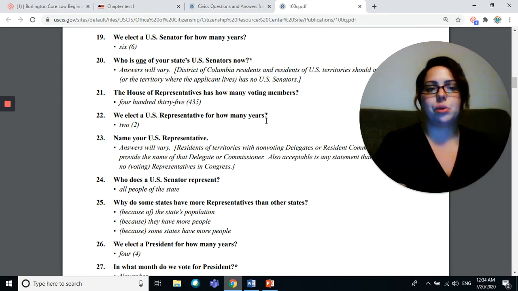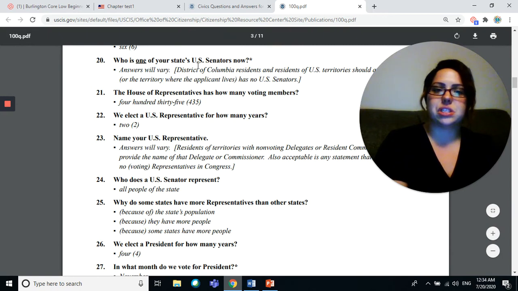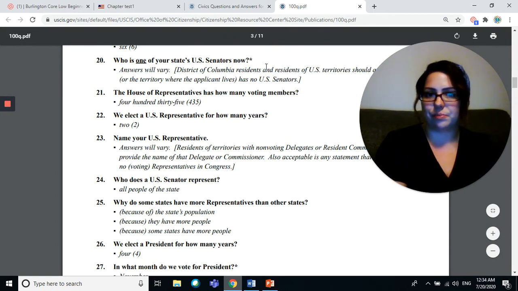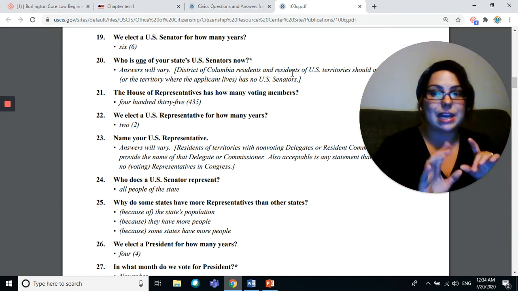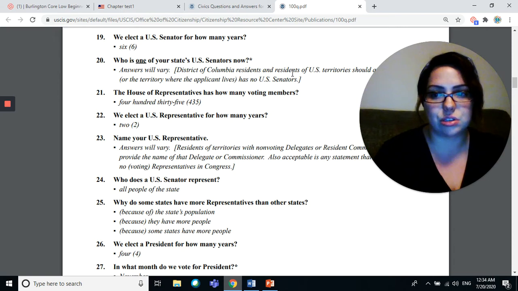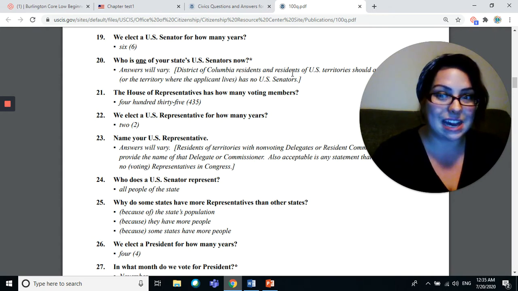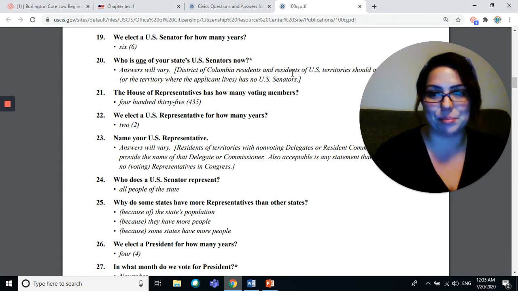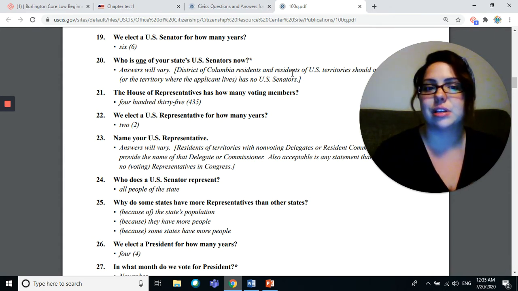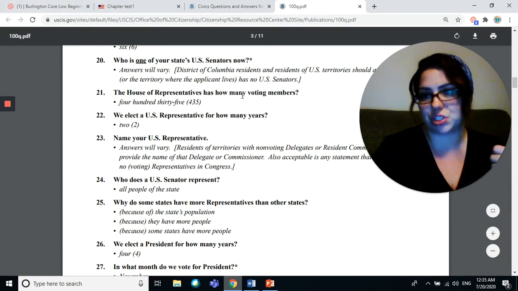So for example, who is one of your state's U.S. senators now? They don't put the answer because there are different senators in every state. So you may have to Google the answer to that. I am going to make a video that's going to show you the answers right now, but we are going to have an election in November. So in November, some of the answers to these questions can change.